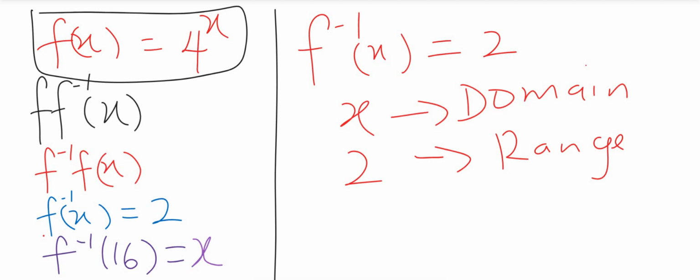The domain of a function is the range of its inverse, and the range of a function is also the domain of its inverse. Looking at this question, x is the domain of this inverse. That f(x) becomes the range of the function, and the 2 becomes the domain of the function. That's what I'm going to write.